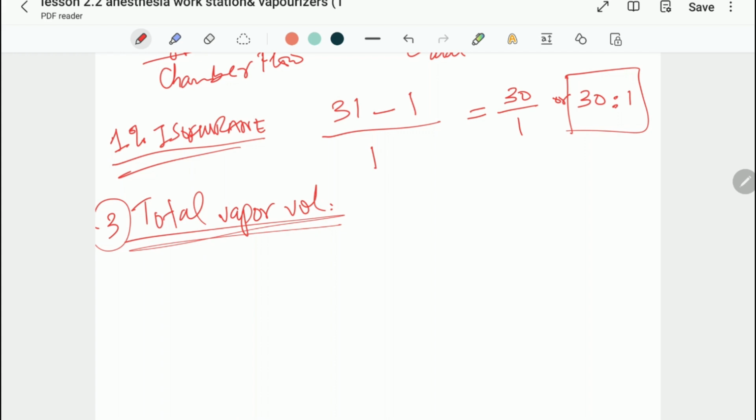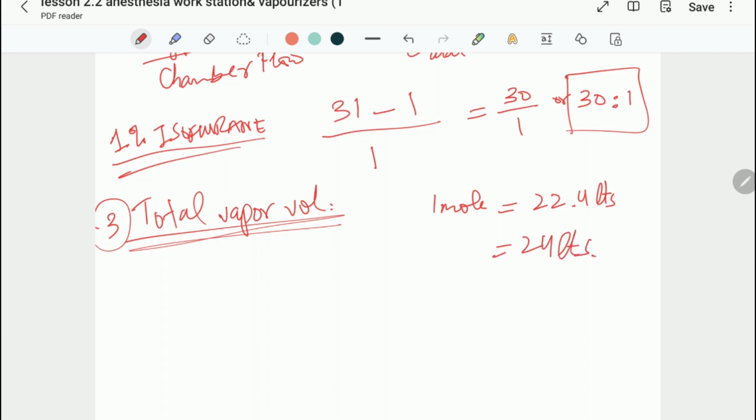According to Avogadro's hypothesis, 1 mole of gas at standard temperature and pressure equals 22.4 liters. For clinical concentration calculations at room temperature, we take 1 mole of gas occupying approximately 24 liters.